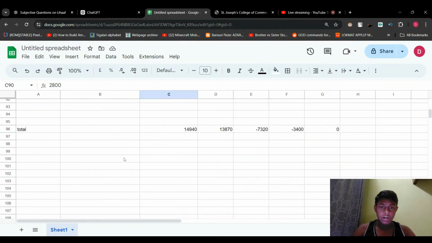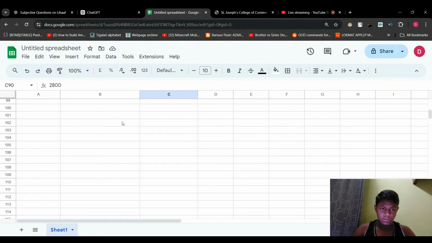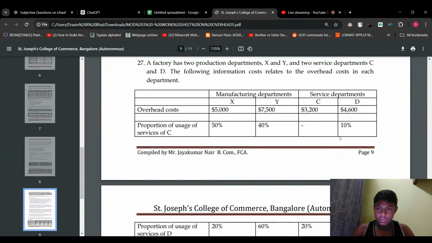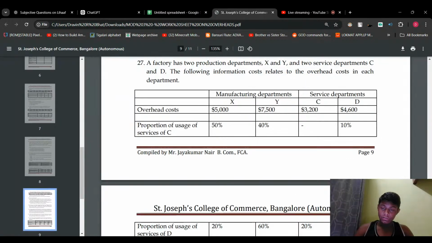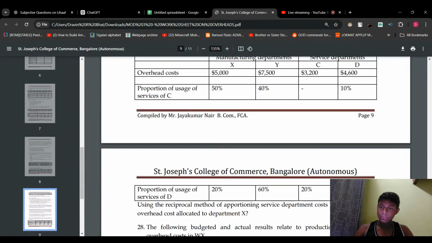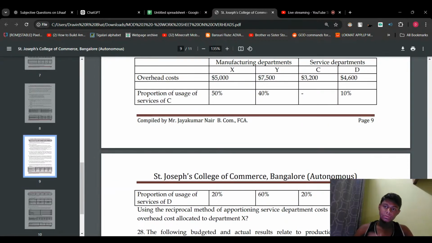But the way in which we calculate it, I'll explain to you in a small linear equation. How much of it has been given to Department D? 10%. So we can make a small equation over here. C equals 10% of D, 10 by 100 into D, plus 3,200.